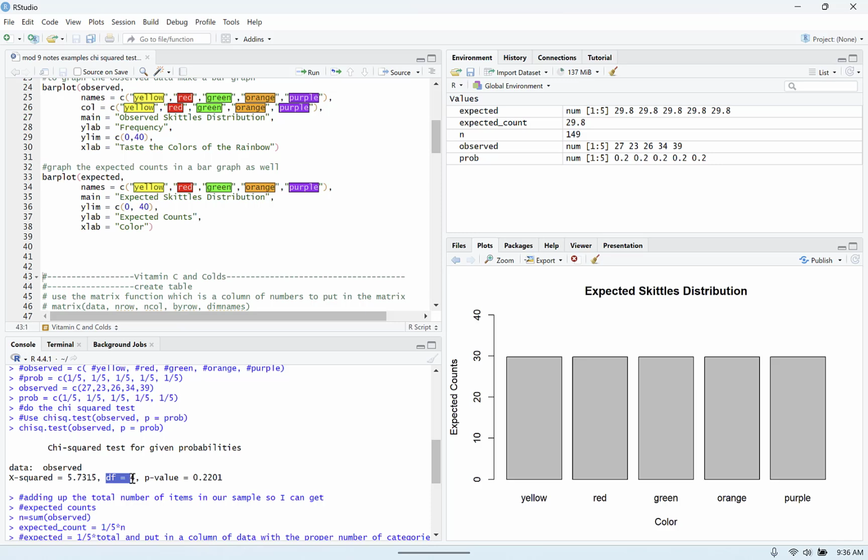It tells me my degrees of freedom, and it tells me my p-value. By the way, I did the chi-squared test early in my code really because we're going to need it early in the next section of notes. So my test statistic was 5.73, which is in fact what we calculated. And our p-value is 0.2201.